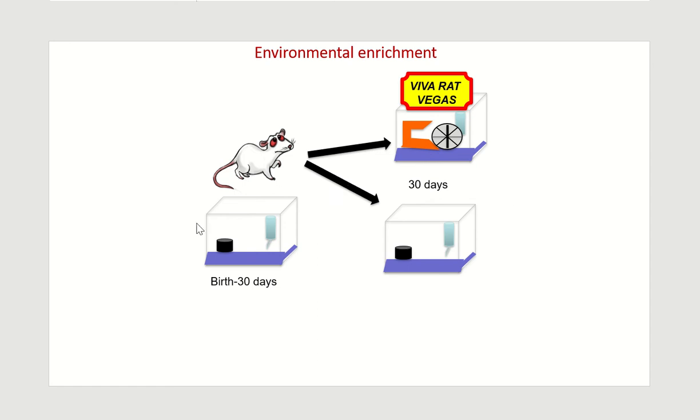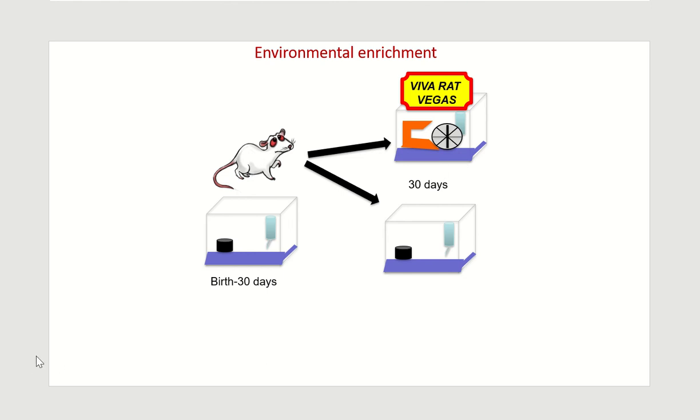So there's one final thing. This is an experiment to look at the effect that an enriching environment has during the early part of a rat's life. So we have this one rat who for the first 30 days was raised in a really boring environment. And then for the next 30 days, some of the rats stayed in the boring environment and some others went to a really well enriched environment where they had toys to play on and a wheel to run on and all kinds of stuff.